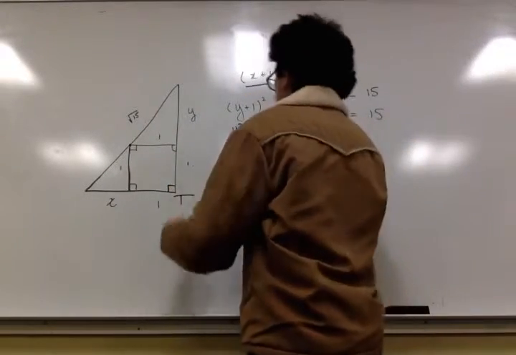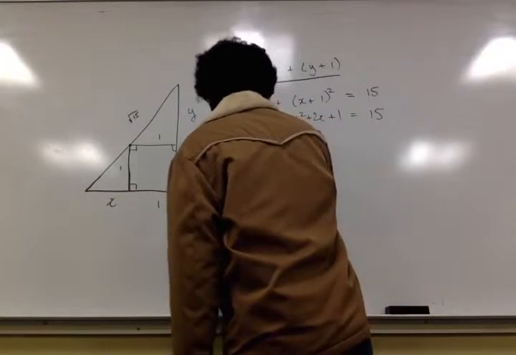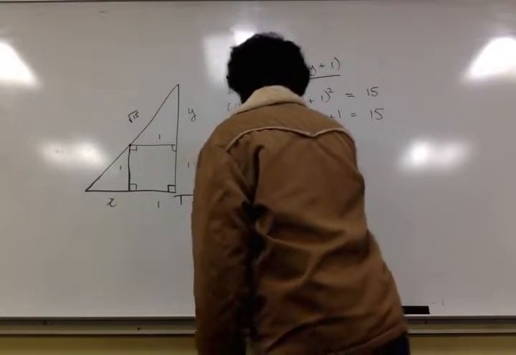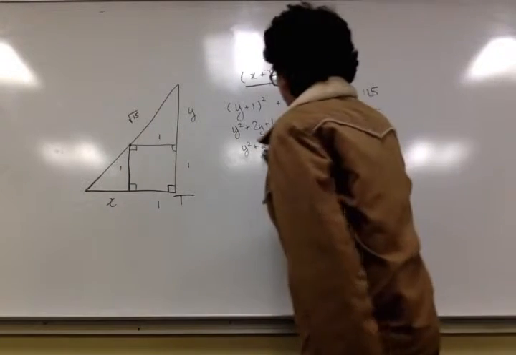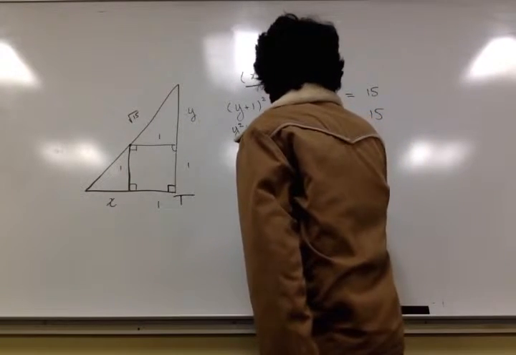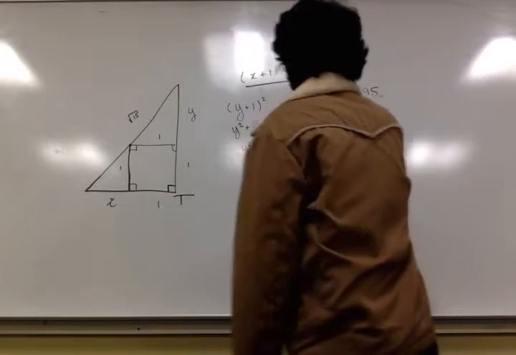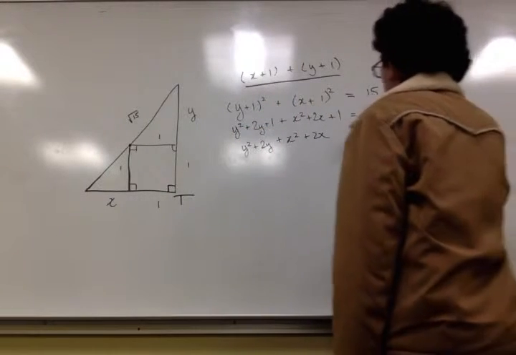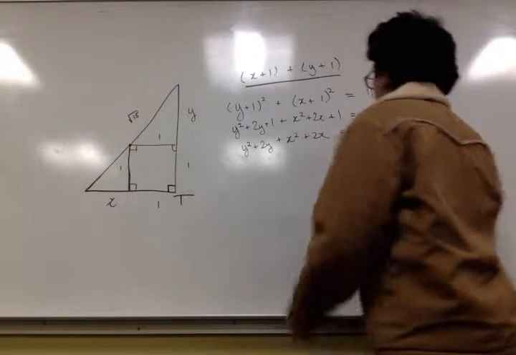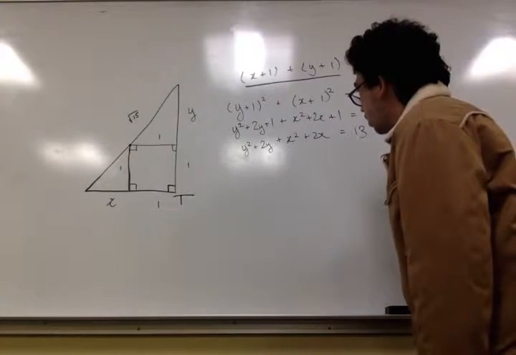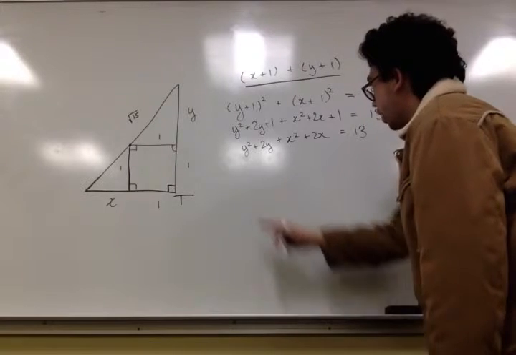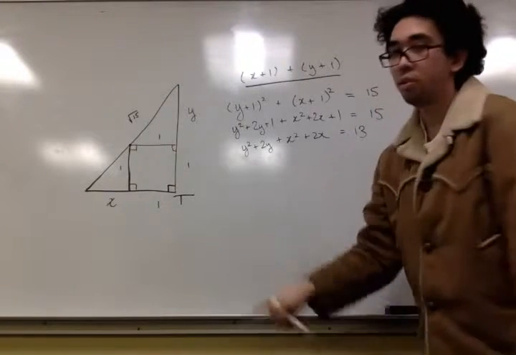Now we're going to do more calculations. Y squared plus 2y, plus x squared plus 2x. We're going to take away all of the constants and group them on the other side. We subtract 2 from 15, and that leaves 13. With me so far? Now at this point, everyone's going to be like, oh, x squared, y squared, we need another equation.